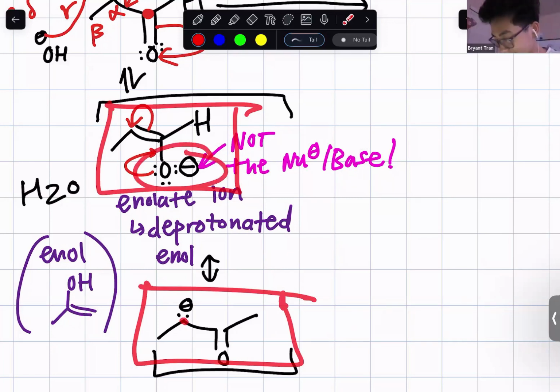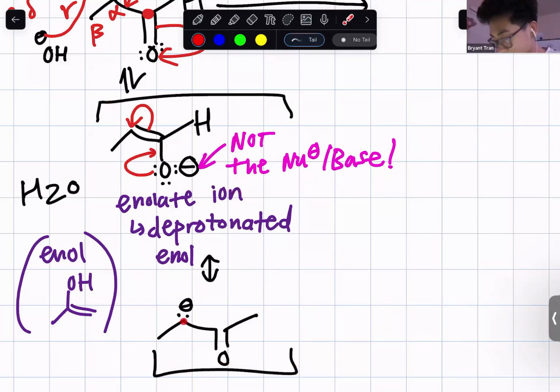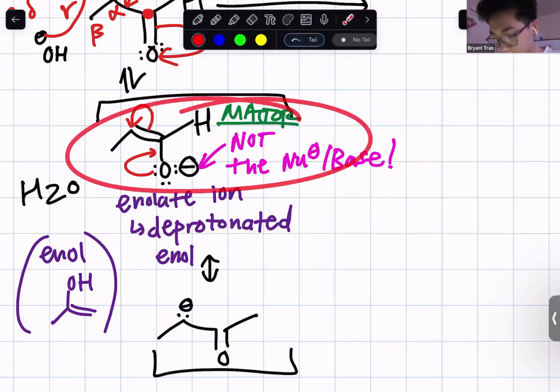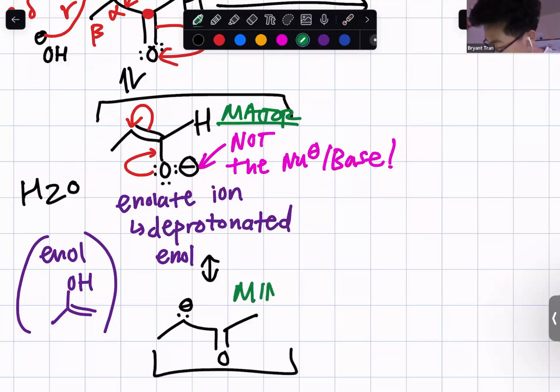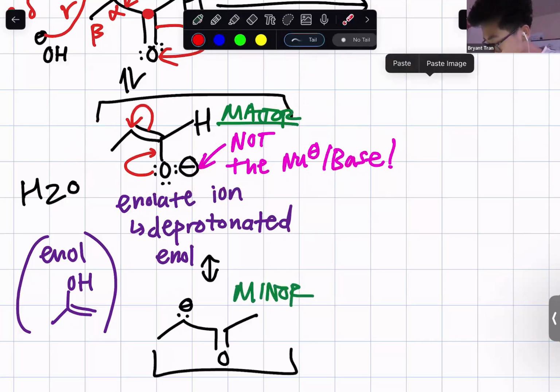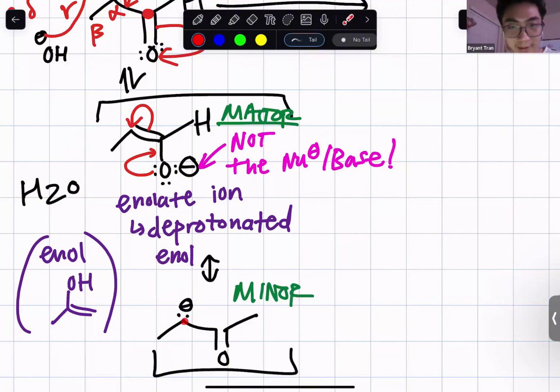Yes. The carbon with the negative charge is more unstable because oxygen is more electronegative than carbon, so it can hold that negative charge better. So our major resonance contributor is the top one, because it is more stable with the negative charge. Our minor resonance structure is the bottom one because the negative charge is less stable on that carbon right there.